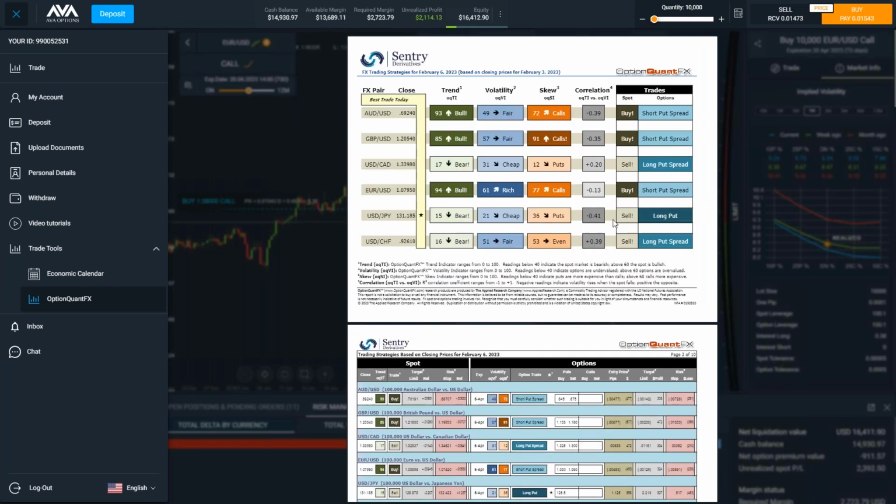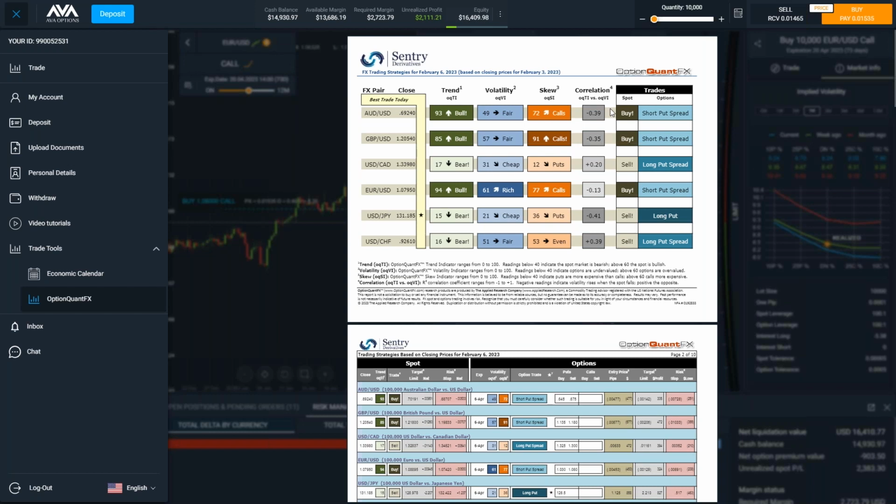But the basic idea is it's looking for trends in the underlying market, rich, cheap analysis in volatility, or trends in skew, which is the pricing of calls relative to puts, and the correlation of implied volatility and spot to get some idea of how strong these trends are. And then it comes up with various trade recommendations.